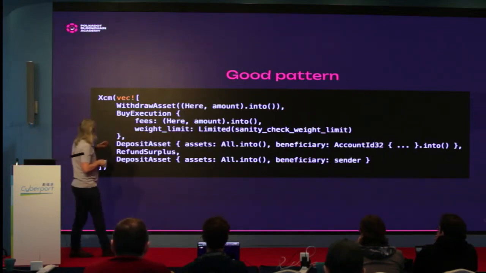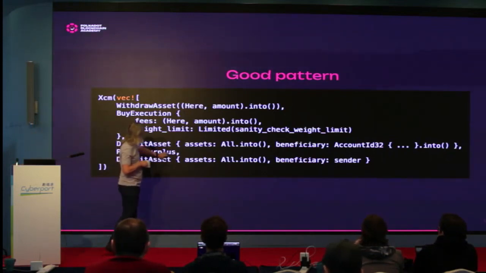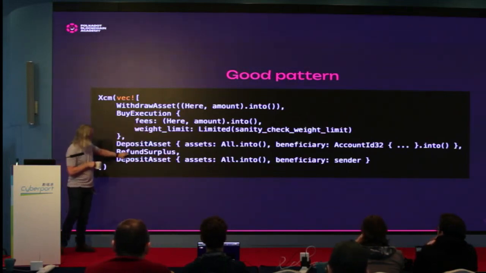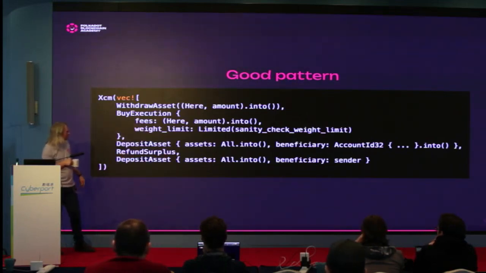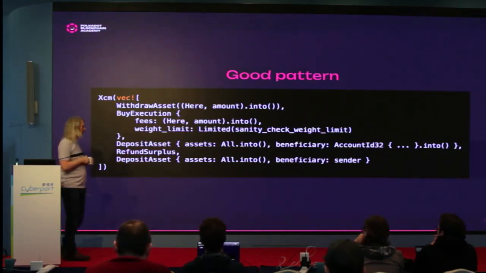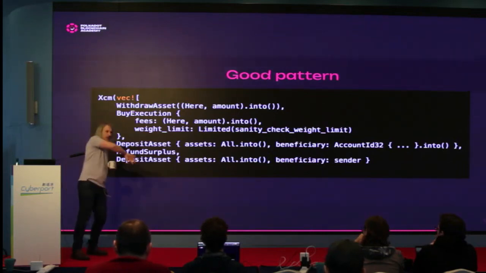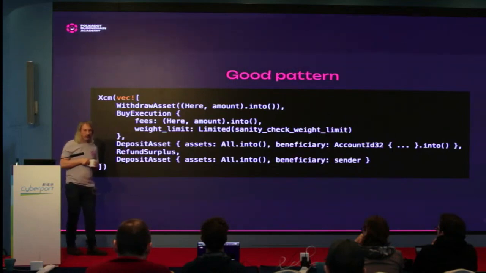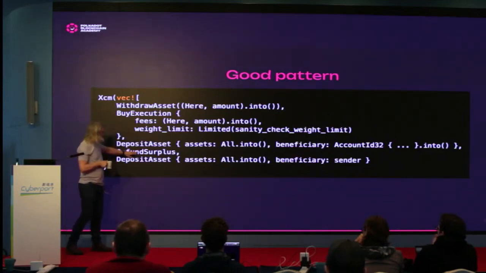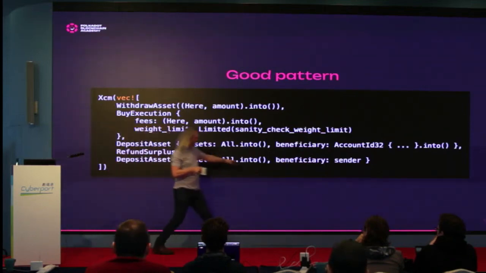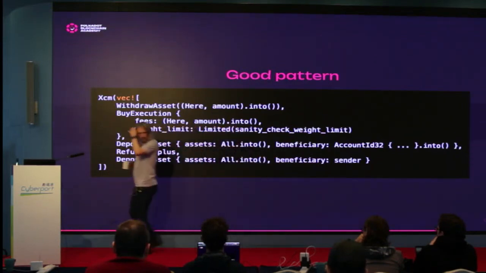Yes, so we might have purchased too much weight, in which case we can do this refund surplus instruction. What that does is it converts that extra weight back into assets, and then we can deposit those assets, maybe, for example, in the sender account.